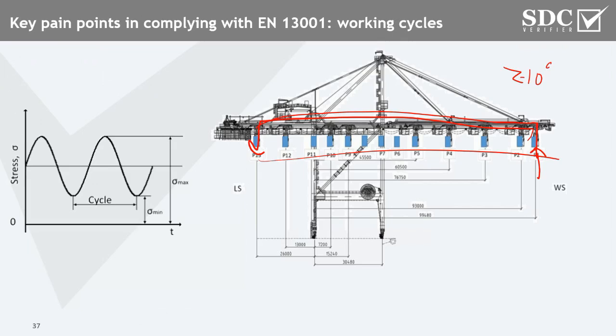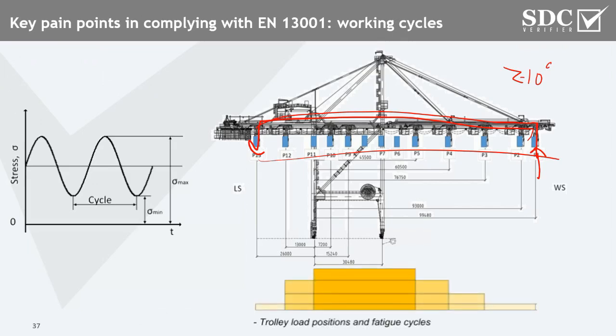And applying such a conservative assumption, especially to your existing structures, is definitely not reasonable, because very often this is a non-even distribution. For example, in this case, we see that I have definitely fewer movements at the tip of my crane or also on the back reach. Depending on the size of my vessel or the ship, depending on the storage area, where I have the lashing platform, or for example the lanes or trucks, I have a different frequency of the movements.